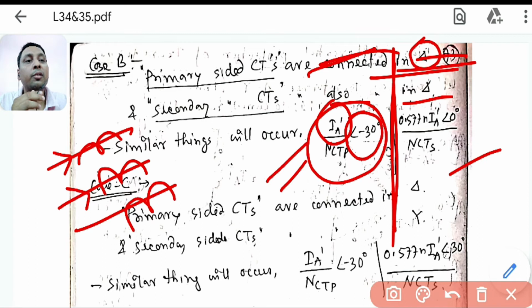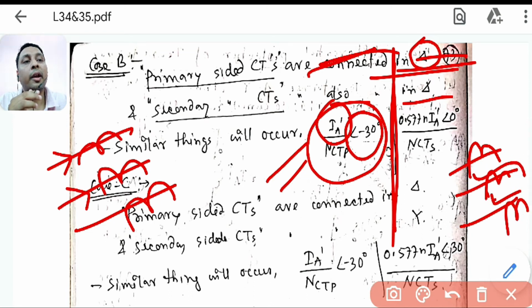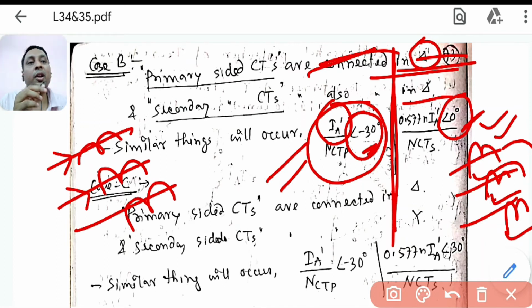This side also is sensing this small IA current, and because you have connected the secondary in delta fashion, I will show you how you will connect it. So this side secondary is also connected in delta, so again there will be minus 30 degree. It was 30 degree initially, then minus 30, so ultimately there is a 30 degree shift, you can see here.